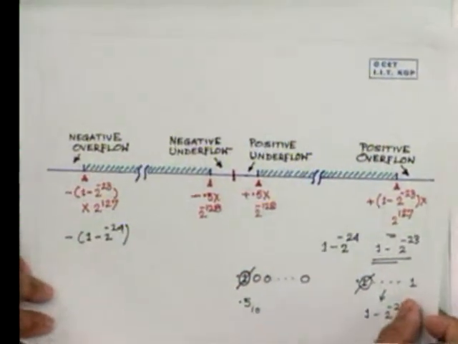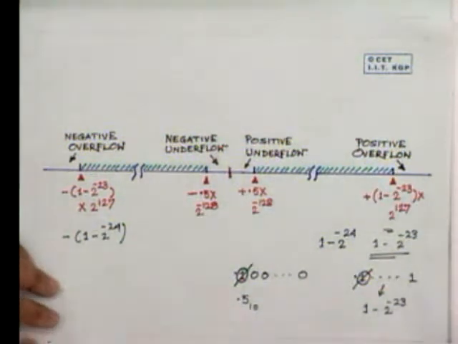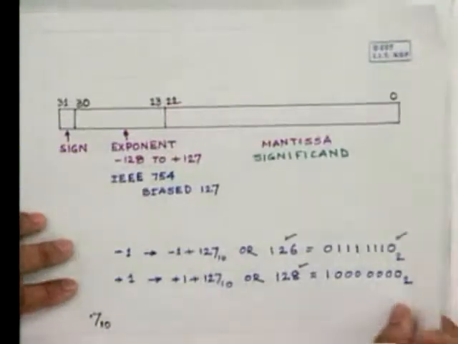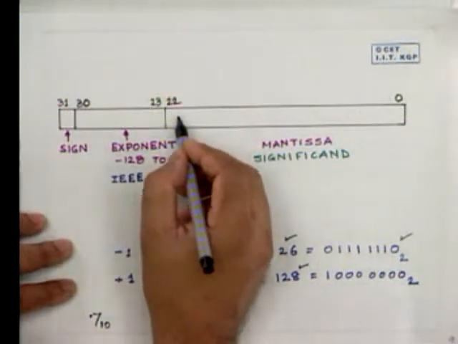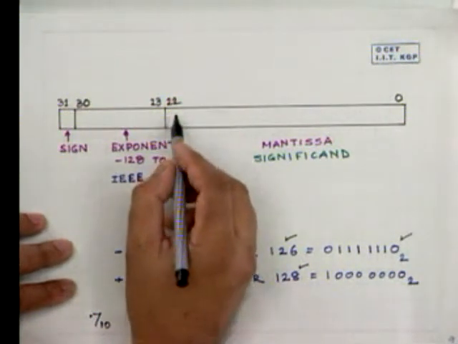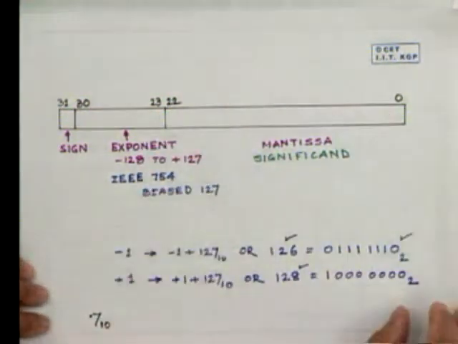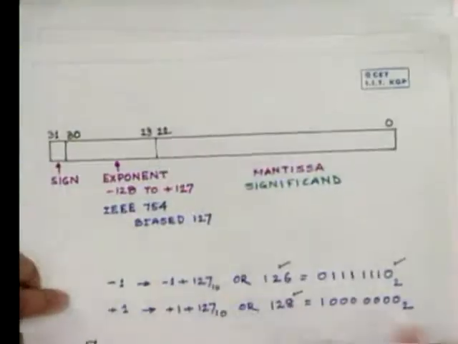Therefore, in our representation, all the 23 bits that we have can essentially be used as if we have 24 bits over here. This is one thing that I should explain.